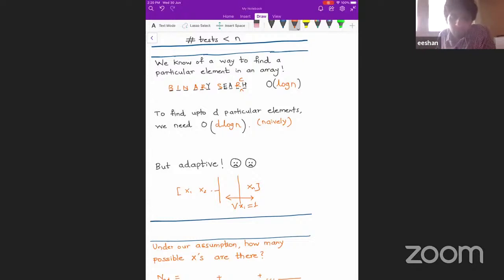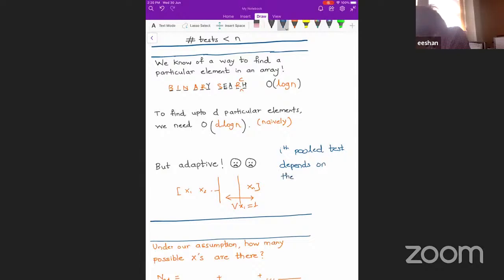If the OR was indeed 1, I would have picked some half of the second half and repeated this operation. What I'm trying to say is that my ith pool test depends on the outcome of the previous tests. This is very clear, right?